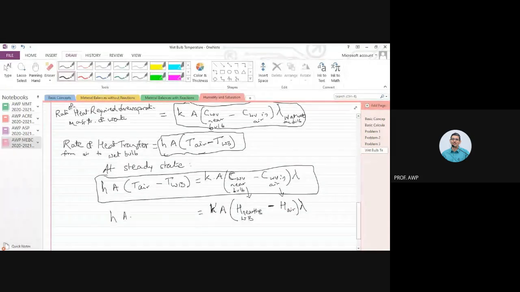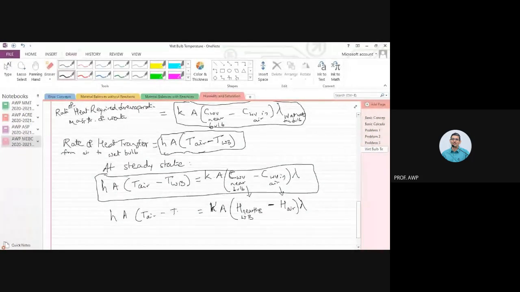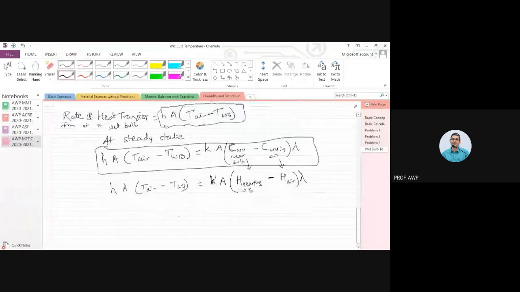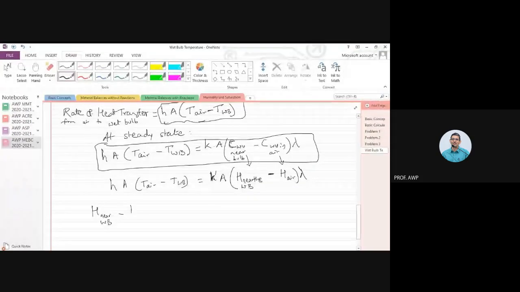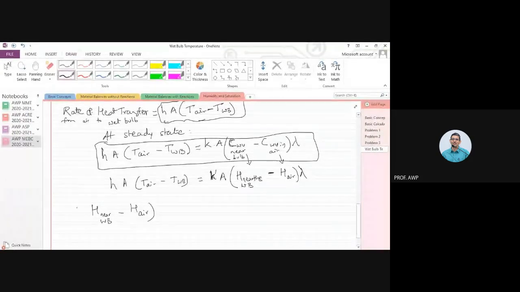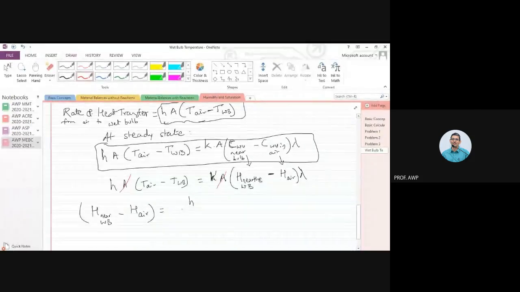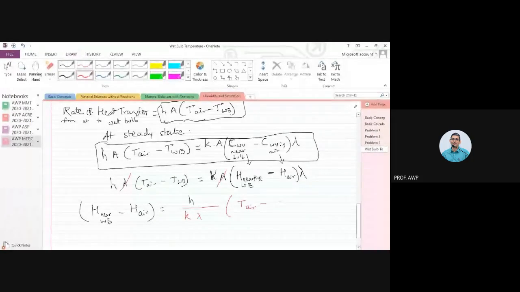And then the left hand side would be HA times T air minus T wet bulb. I'm going to rearrange this expression a little bit. Humidity near the wet bulb minus humidity in the air is equal to, the area will cancel out, H divided by K lambda, times temperature of the air minus temperature of the wet bulb.